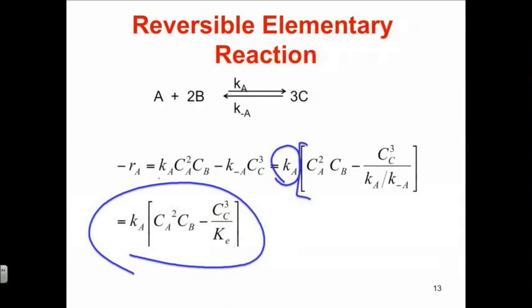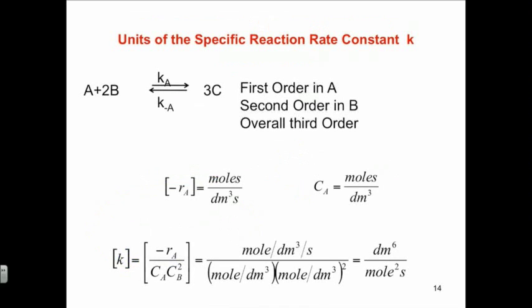Now, one last thing we'd like to talk about are the units of the specific reaction rate constant, k. For this reaction, we know that the rate of disappearance of A is going to be moles per decimeter cubed per second. And as always, we know that our concentration is going to be moles over decimeters cubed. Then, knowing our rate law, we can compute what our units are going to be.